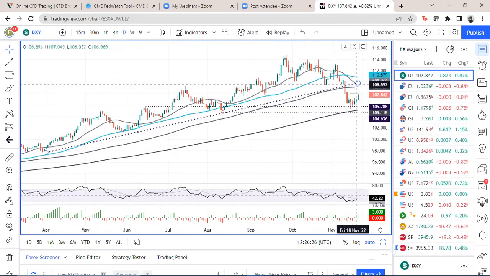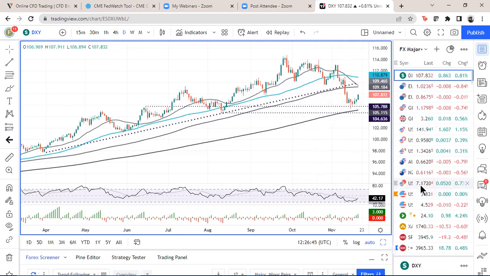So an interesting level of resistance if we do push on above there this week, especially as markets look potentially to the FOMC minutes out on Wednesday evening UK time.